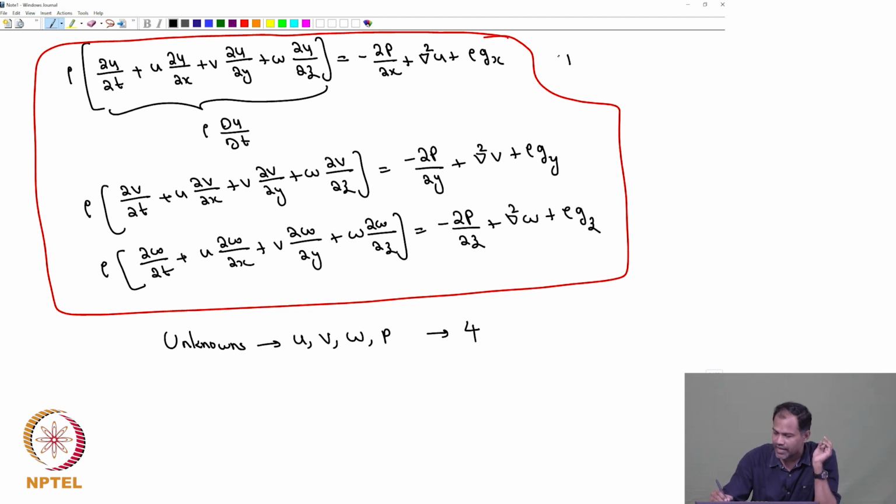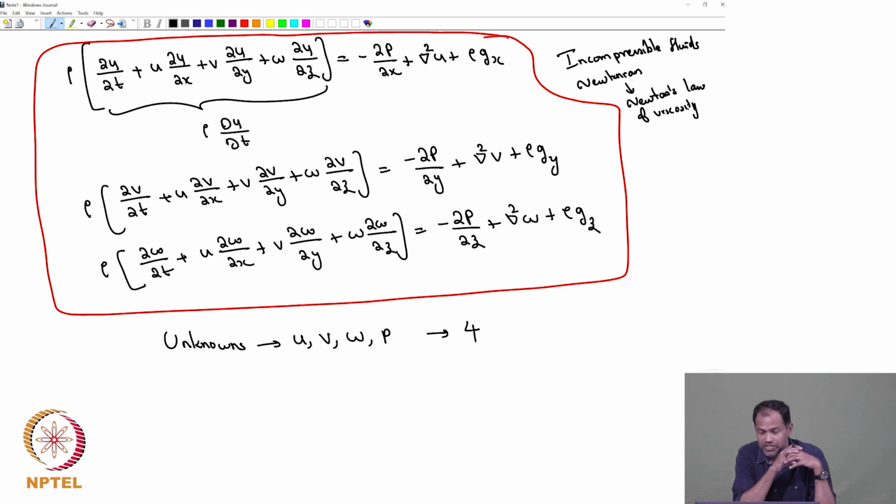So this is really applicable for incompressible fluids, and we have also used the Newtonian assumption. In other words, we have used Newton's law of viscosity. And of course, we have expressed this in Cartesian coordinate system. Okay.